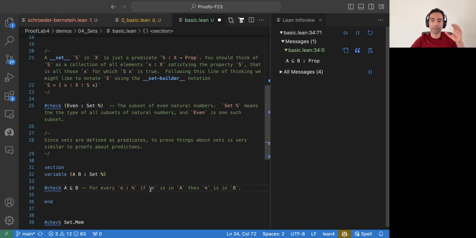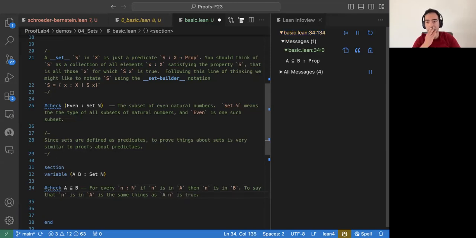But because we understand sets or subsets as predicates, to say that n is in A is the same thing as saying A of n is true.